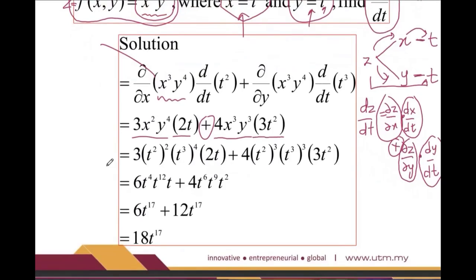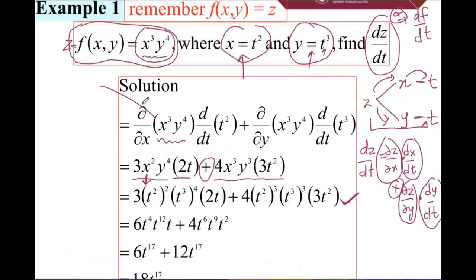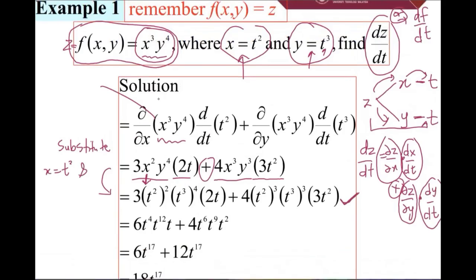After that, you simplify. You can read this. Remember, x is what? x is t squared. So you substitute x equal to t squared and y equal to t power of 3.